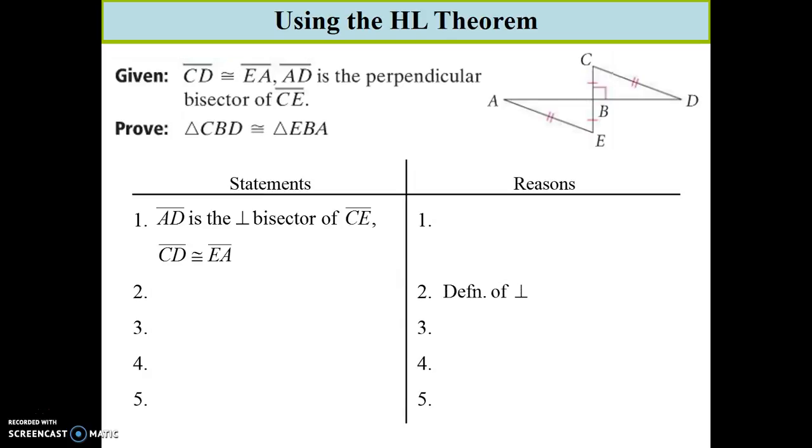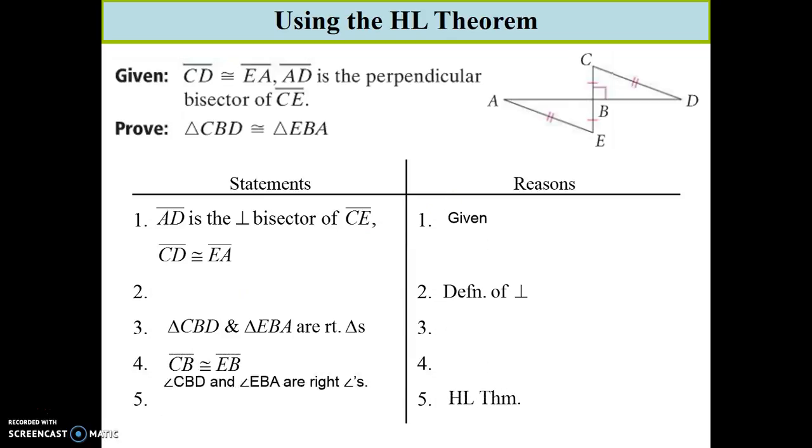So again, given information, this will be given, we know. And then the tricky part is going to be figuring out how to say the right triangles. So we saw that they're perpendicular. What does perpendicular mean? Well, if 2 things are perpendicular, they have right angles.